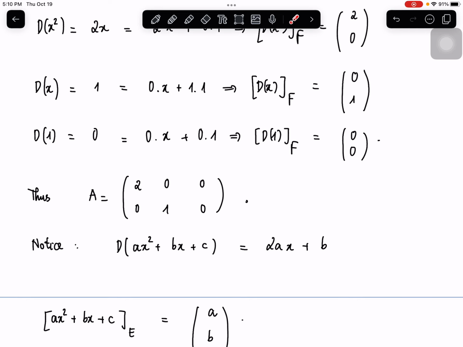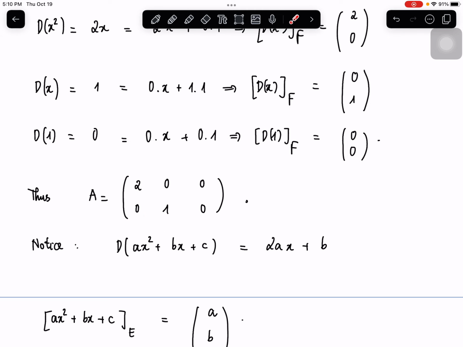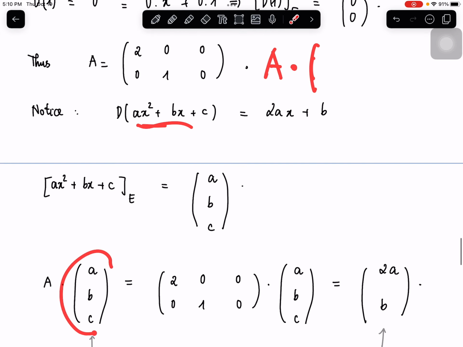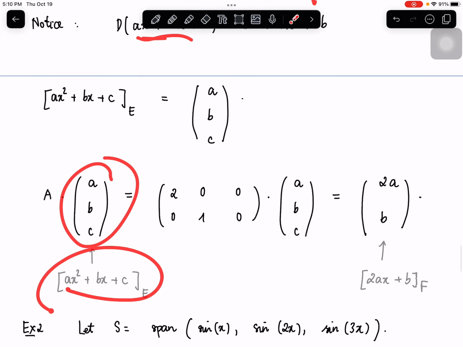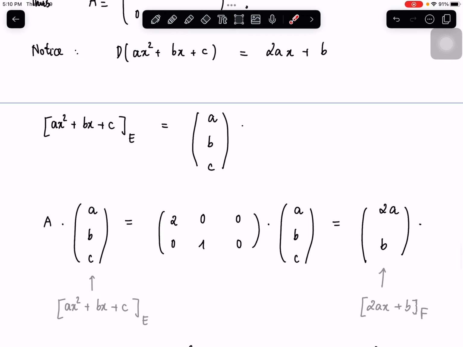And now we have the derivative of any polynomial in P3, say ax squared plus bx plus c. The coordinate of this polynomial with respect to E is (a, b, c).